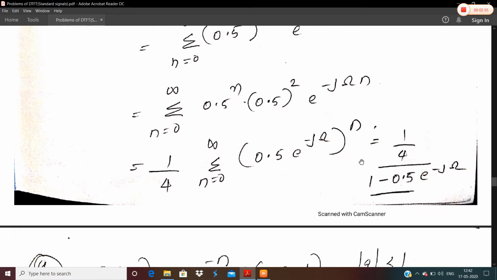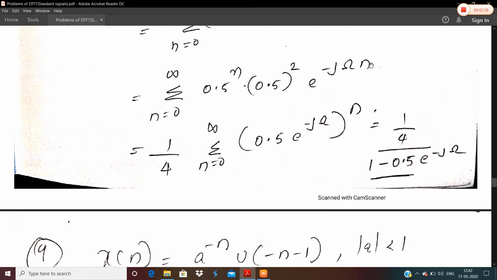In the next step, we will retain only those terms that have got this n terms, and we will take this 0.5 square outside. 0.5 square means it's 0.25 and it is nothing but 1 by 4. And the rest of the part, it is the summation part, that is sigma n is equal to 0 to infinity 0.5 into e raised to minus j omega.